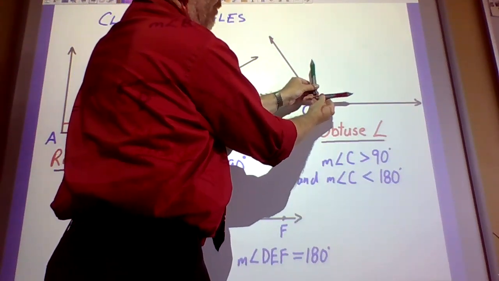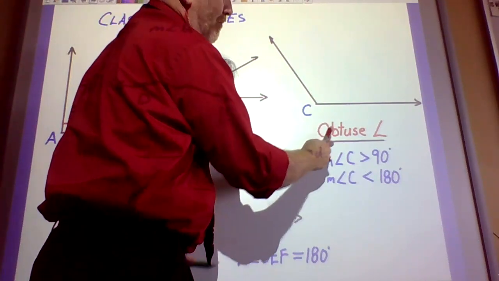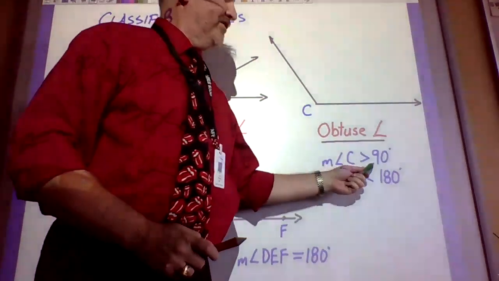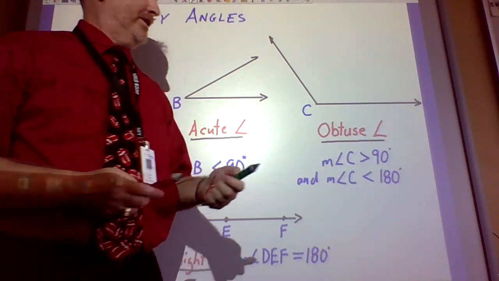So once the alligator's jaw goes open more than an L, more, big, ob means big, greater than 90, you're now an obtuse angle, but there's a limit to it, all right?